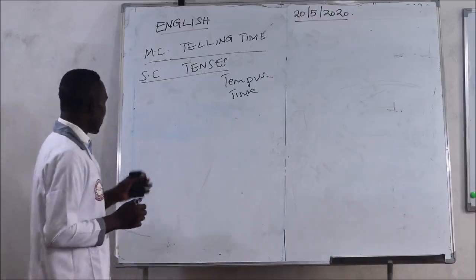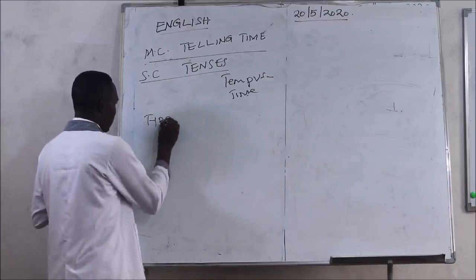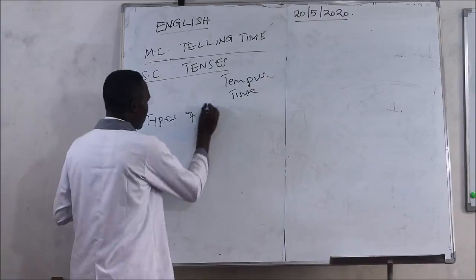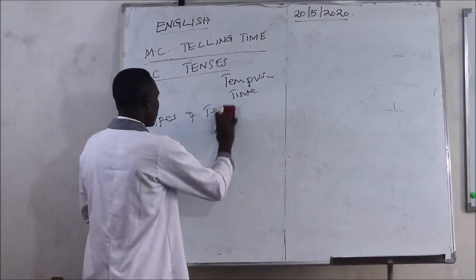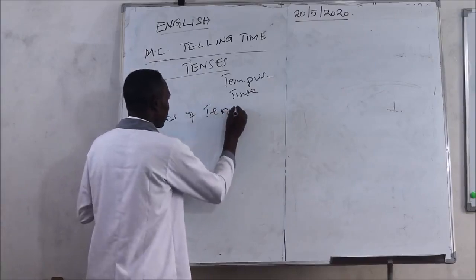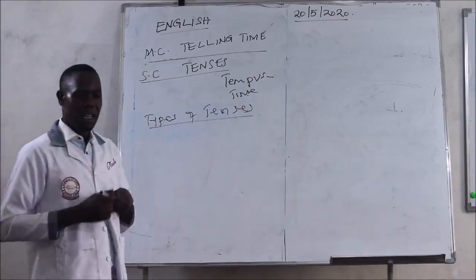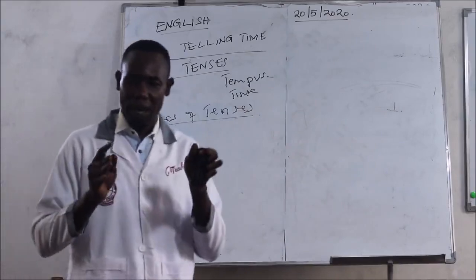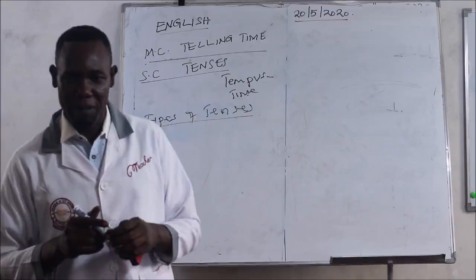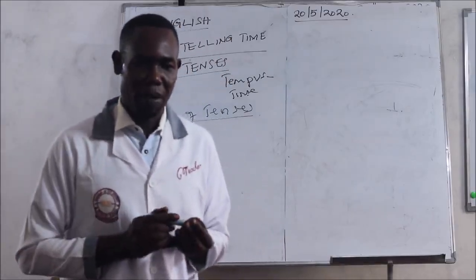And now that one is what is leading us to what we call types of tenses. So far, we have three types of tenses, of which I hope even in your primary level in class 4, class 5, you were taught about three types of what?